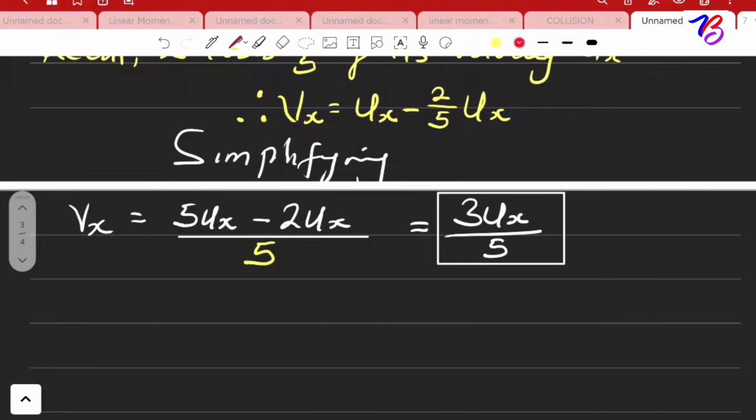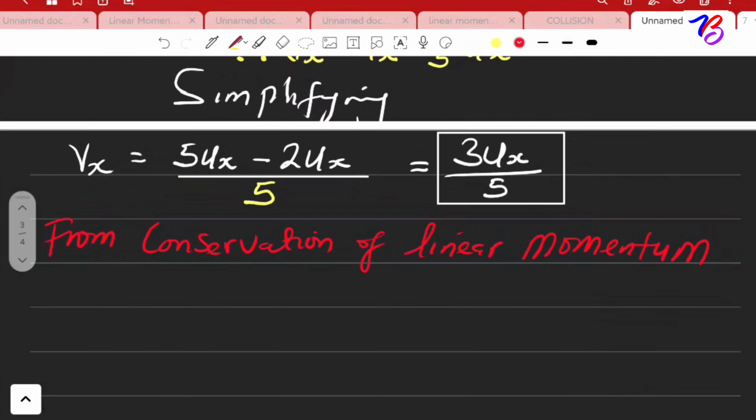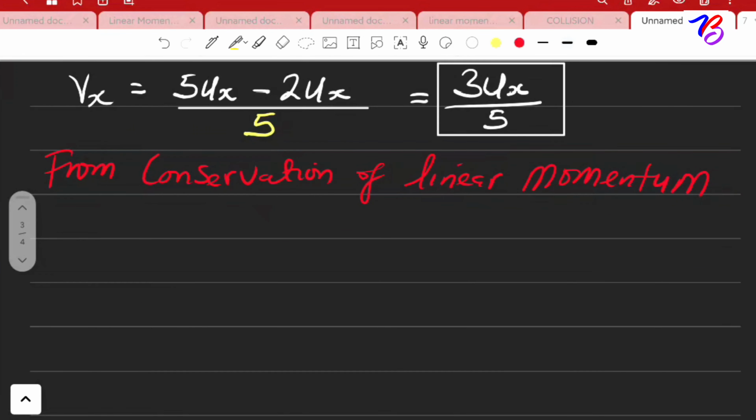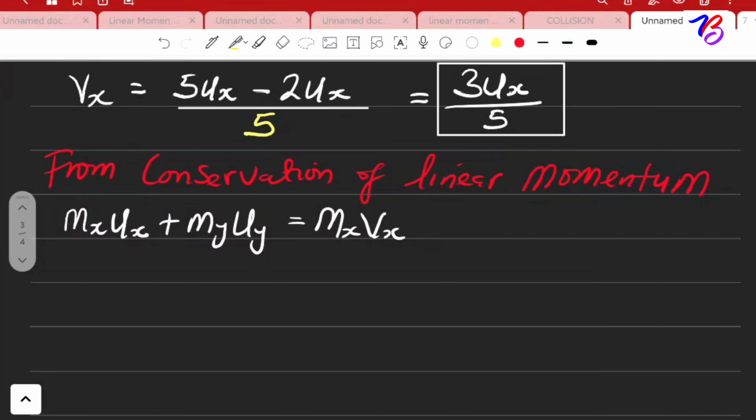Let's proceed from the conservation of linear momentum: m1 u1 plus m2 u2 is equal to m1 v1 plus m2 v2. So here we have mx ux plus my uy is equal to mx vx plus my vy. We have positive signs because they both move in the same direction after collision.